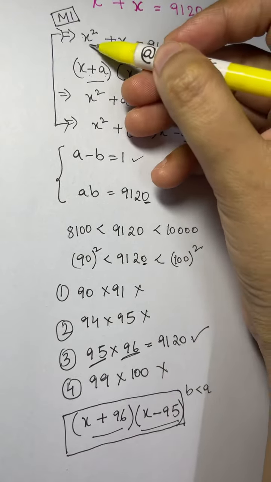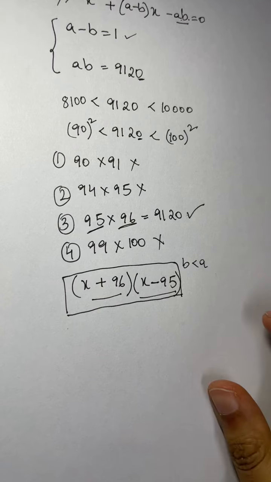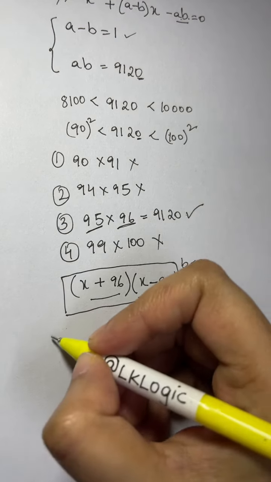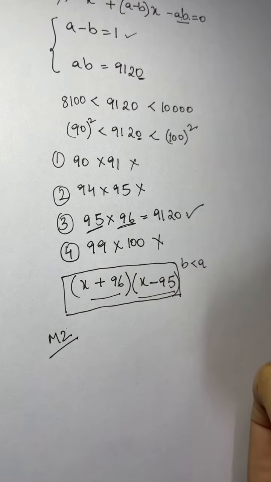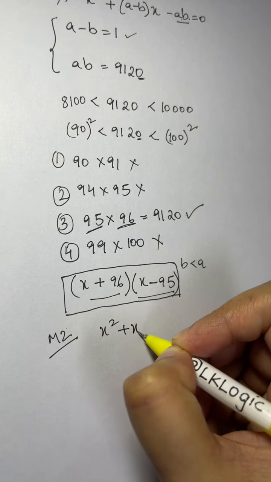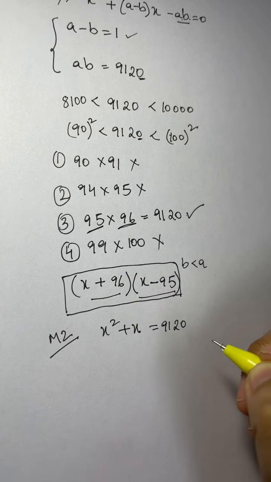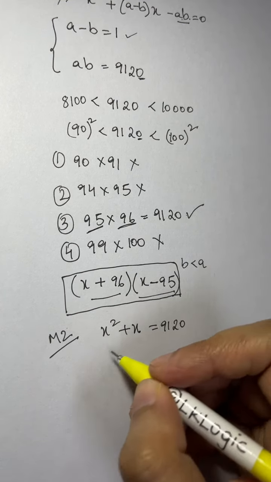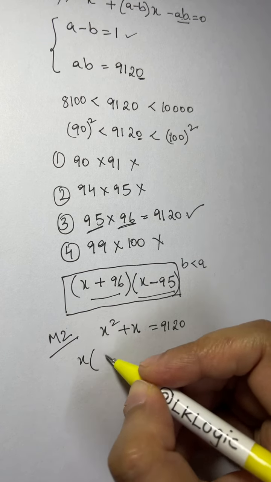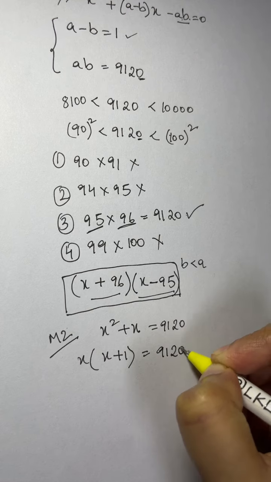Because it's a quadratic equation, there are two solutions. Now the other method, which is very wonderful and easy. In this, you have the equation x squared plus x equals 9120. Here you can take out the greatest common factor x, and you'll be left with x times (x plus 1) equal to 9120.